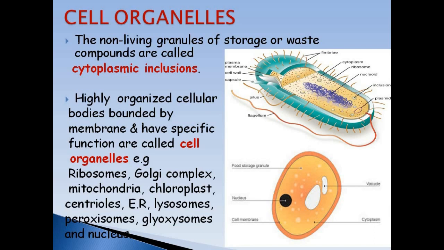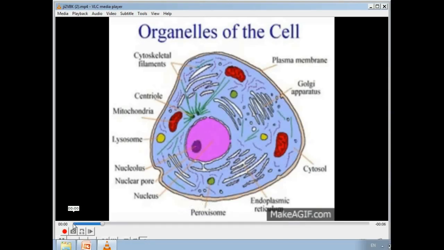Only ribosomes are the organelles which are without membrane. Otherwise, all these are surrounded by a membrane and have specific function. Ribosome also has a specific function. These are different organelles of cell.